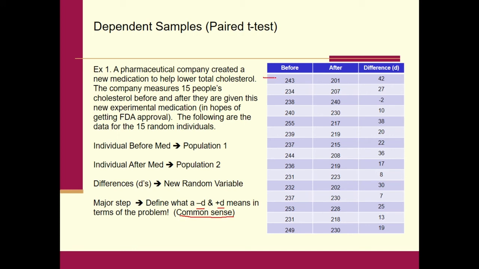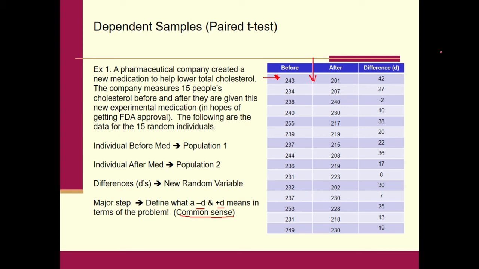Let's take a look at the first person. The first person had a cholesterol of 243. Then they took this pill and it went down to 201. Is that a good thing? Ask yourself, is that a good thing? This is the common sense. By taking this pill, the cholesterol lowering from 243 down to 201, was that a good thing?